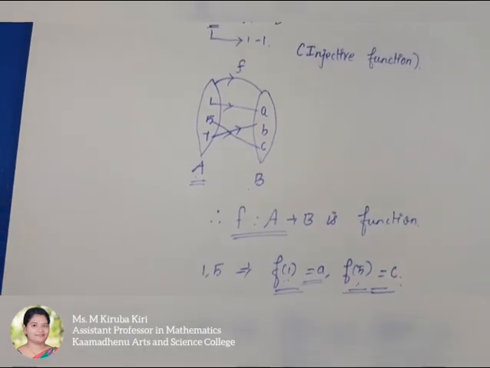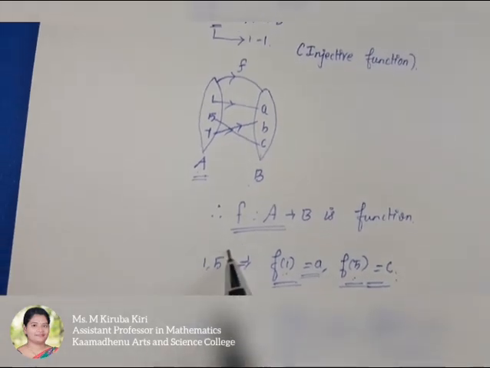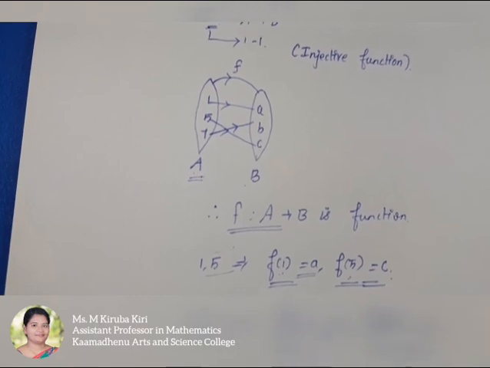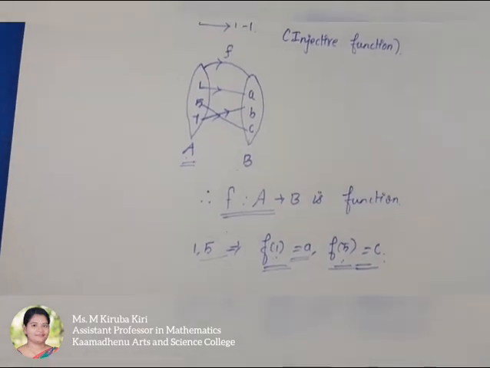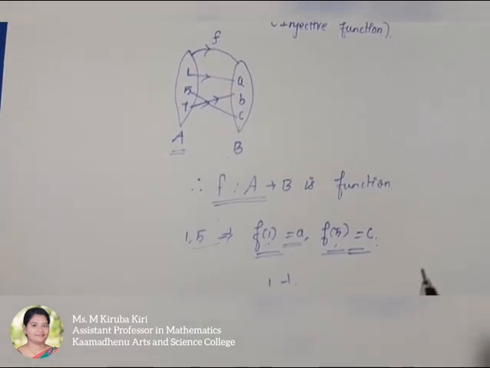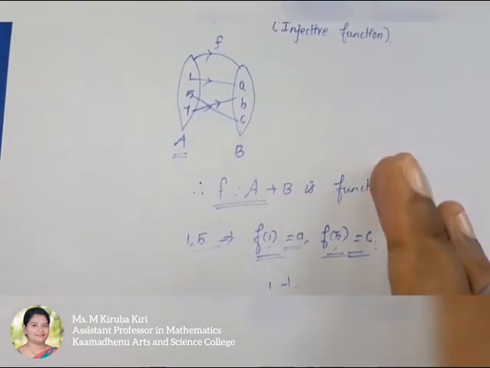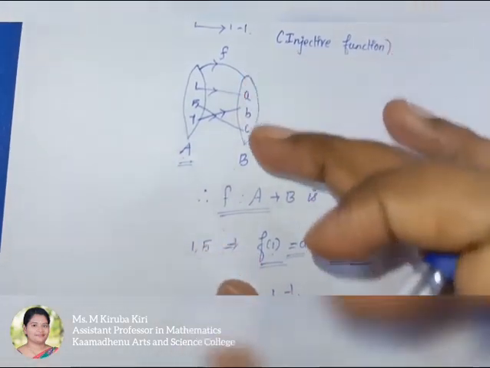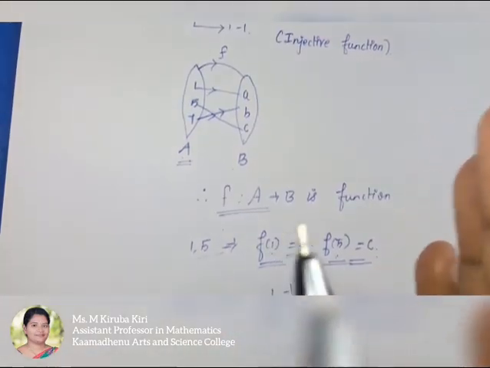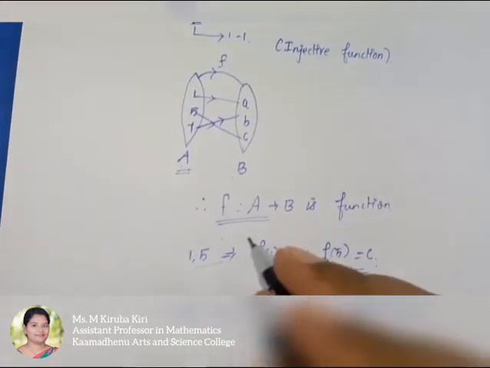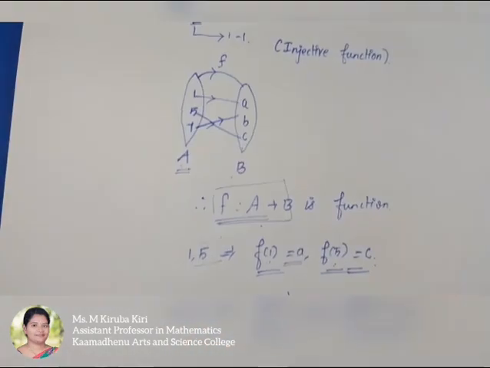Taking only one pair is not enough to say this is one-to-one. You must take every pair to check this concept. All the pairs of A must satisfy that different elements have different images. Then only this f is a one-to-one function.